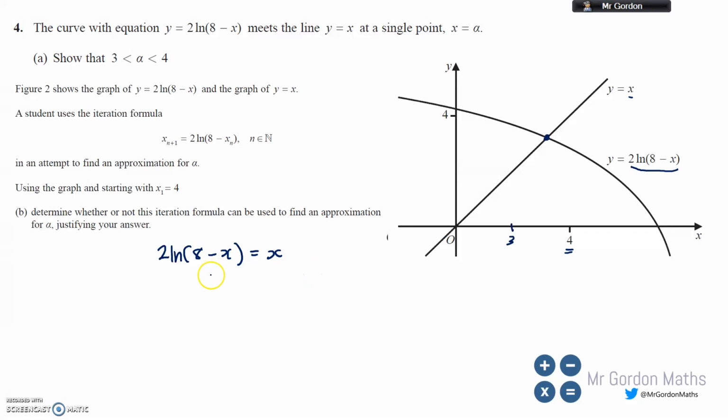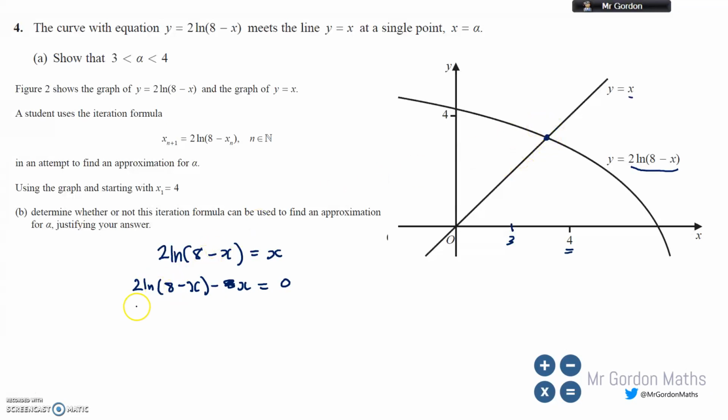And if I rearrange it, move the x over, I get 2 ln(8 minus x) minus x equals 0. So this equation, I'm going to show that there is a solution here.